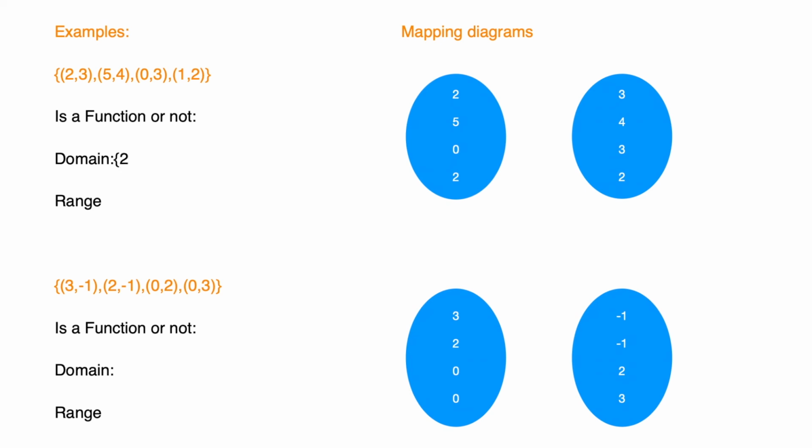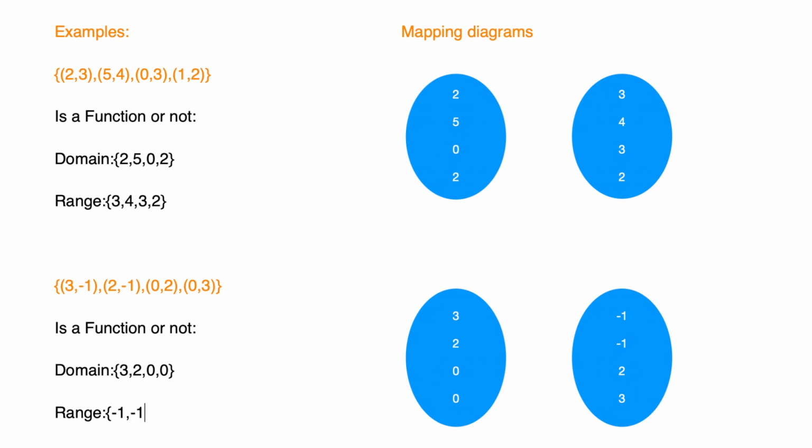So let's write down 2, 5, 0, 1, and range is 3, 4, 3, 2, and here domain is 3, 2, 0, 0, and range is -1, -1, 2, 3.